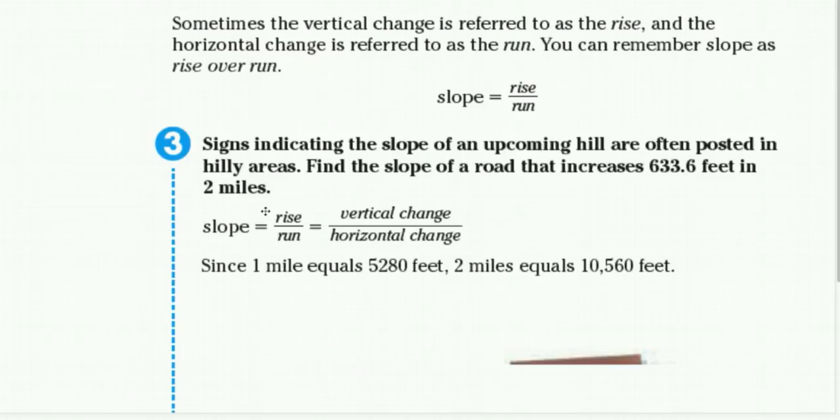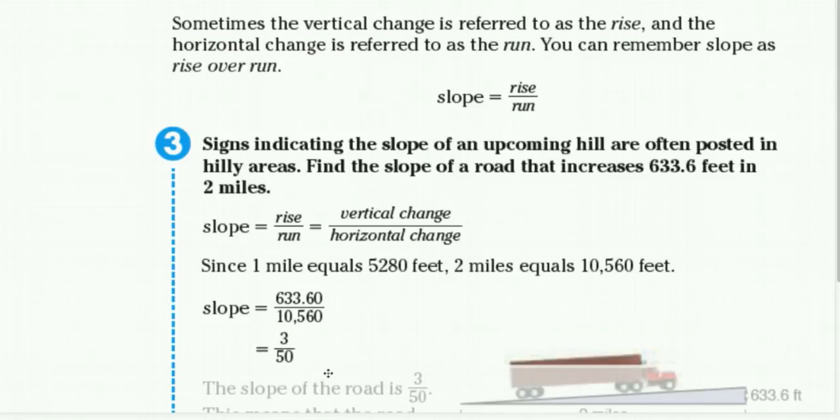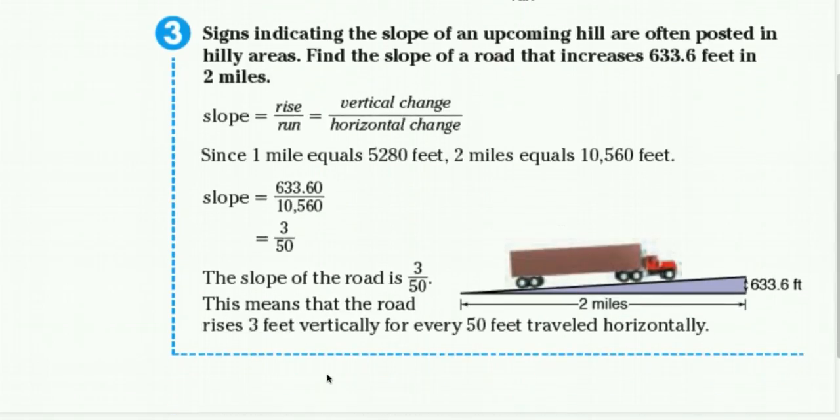The units should be the same for us to be able to find the slope of this particular road. So our slope is rise over run, 633.6 over 10,560. The slope is equal to 3 over 50. So the slope of the road is 3 over 50.